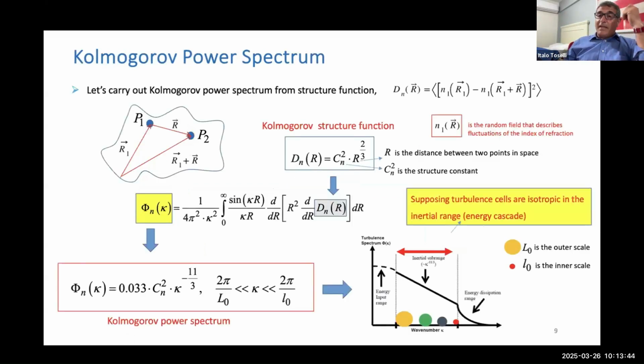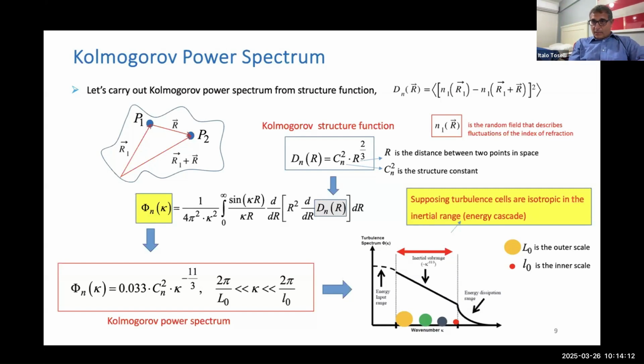So what do we do at the beginning? Well, first we have to start from a structure function. What is a structure function? Imagine that you have a specific volume, and you look at two points, and you look at how the fluctuations of index of refraction are correlated at these two points. Then you are calculating the structure function, and then you can do the Fourier transform in order to get the power spectrum.